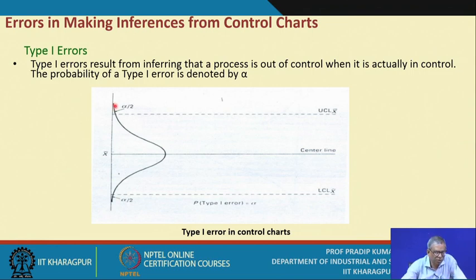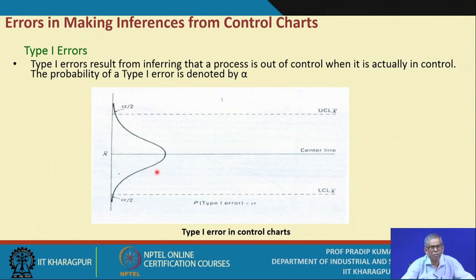If it is normally distributed, then obviously there is the area under the curve beyond UCL and LCL. This is alpha by 2 plus alpha by 2, that means alpha. It is a symmetric distribution, that's why these two areas are the same.